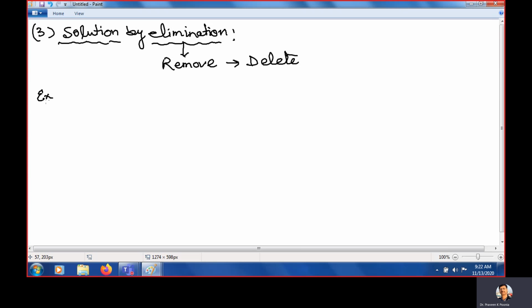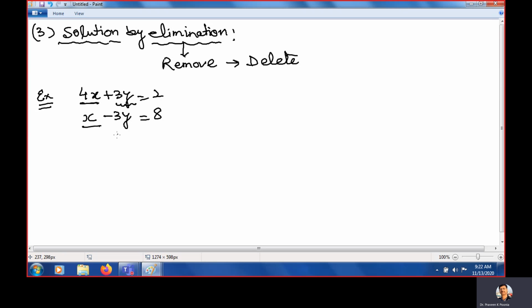Example: 4x plus 3y equals to 2, and x minus 3y equals to 8. This is a very easy example. Why? In this question, we will make either the x same. No, this is not same. Here it is 4, here it is not 4. So these are not same.